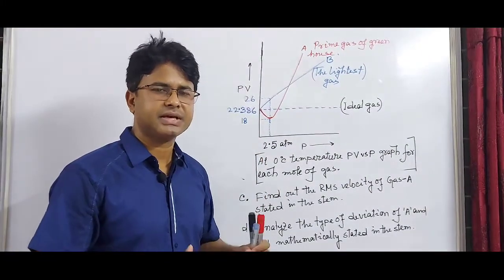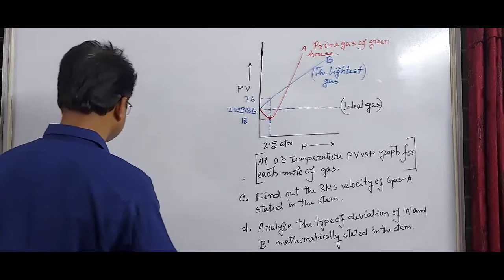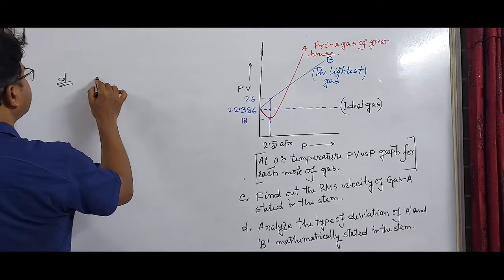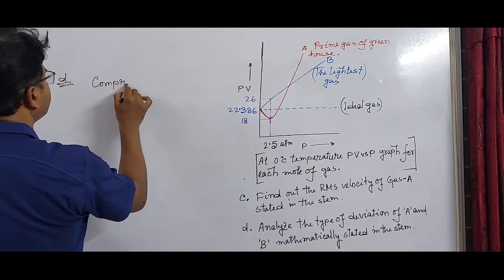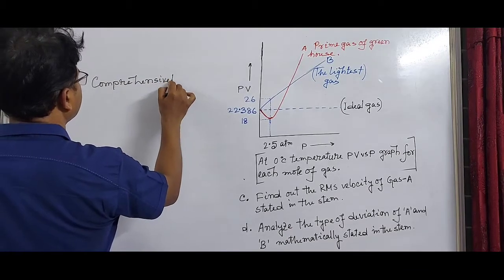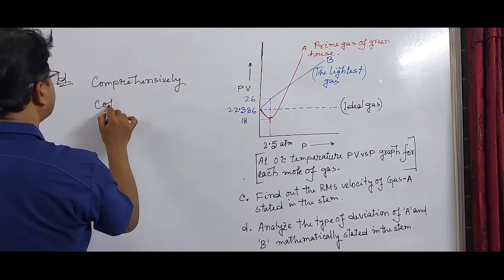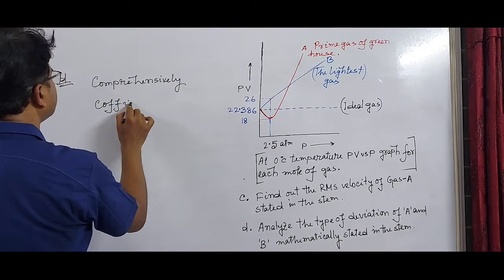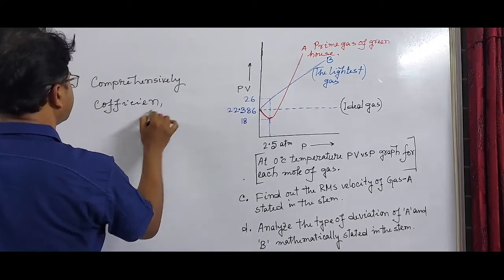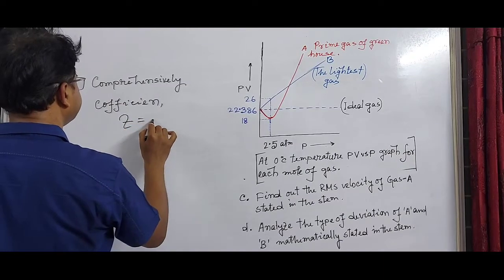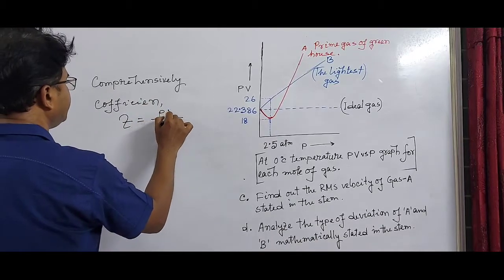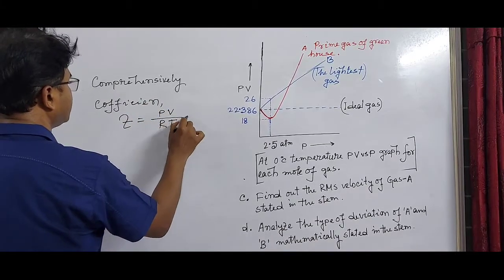Mathematically I have to establish it. Dear students, we know that the compressibility coefficient Z is equal to PV by RT for 1 mole of gas.